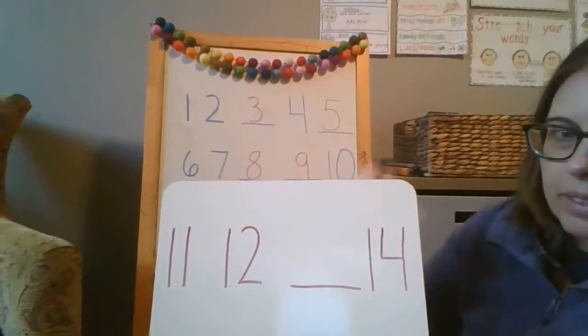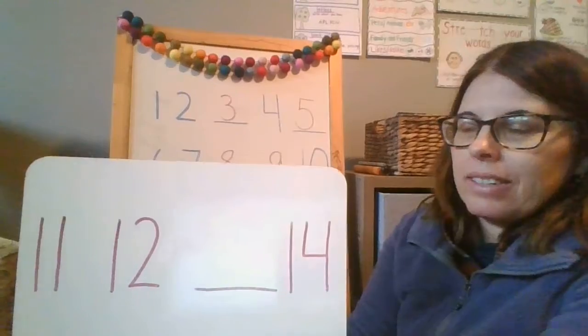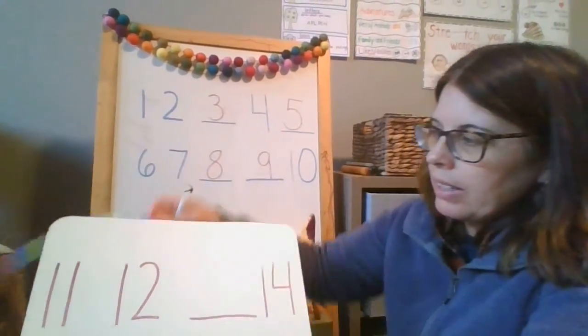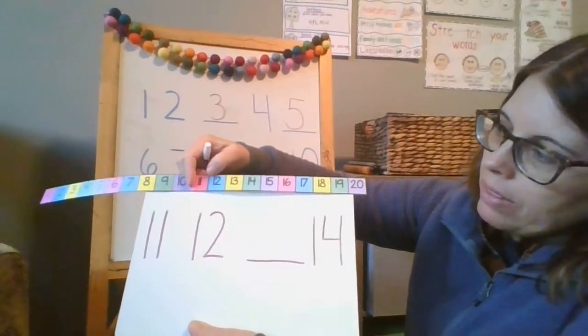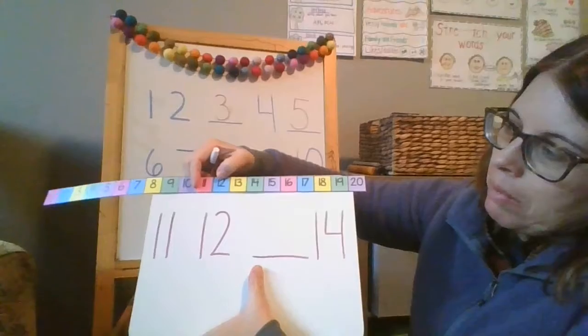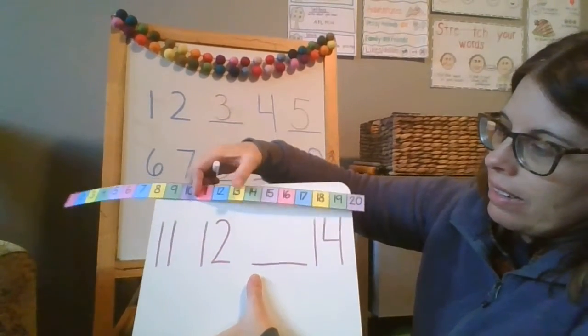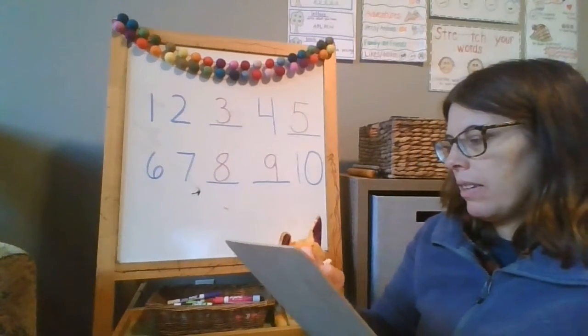Missing. Can you figure out what the number would be? Find 11 on your number line. So let's see, here's my number line. Here's 11, 11, 12. Then comes the missing one. There it is, it's 13. And then 14. So you will write 13 on that line.